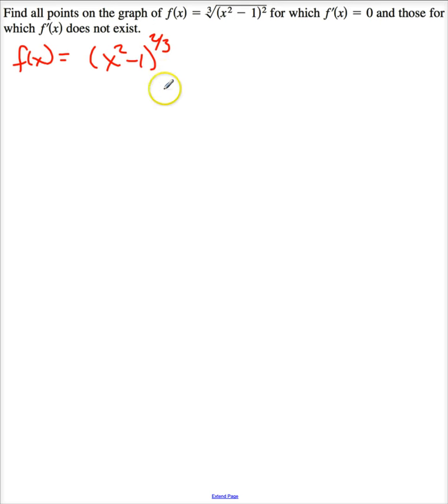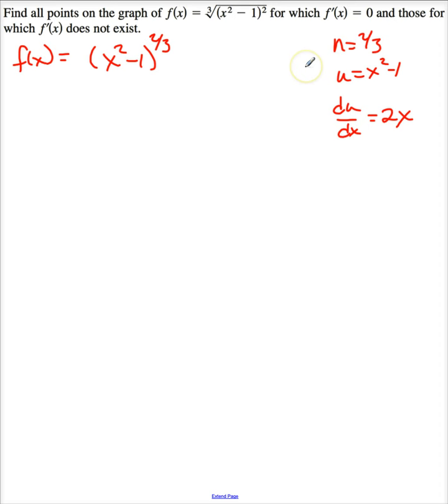Now you can see this is the generalized power rule, where n is 2/3 and u is x squared minus 1. Now du/dx is 2x.